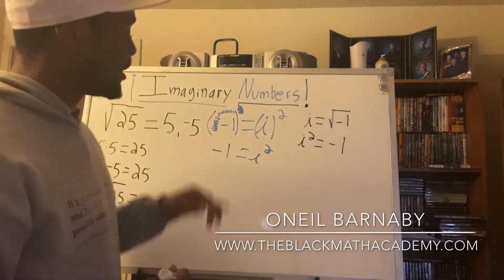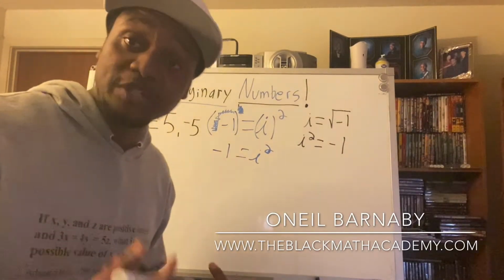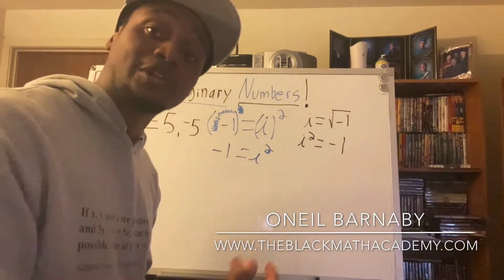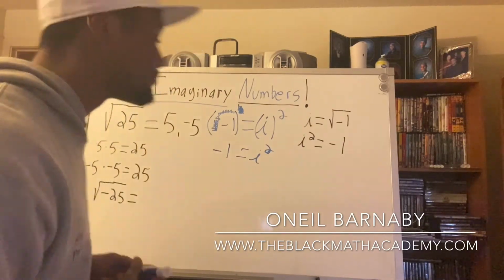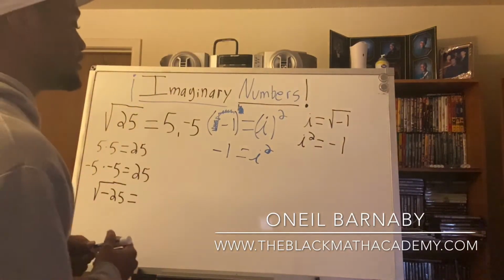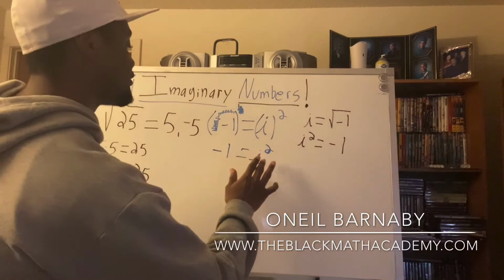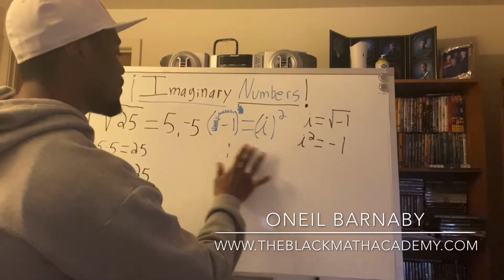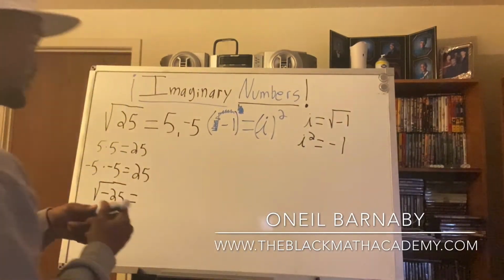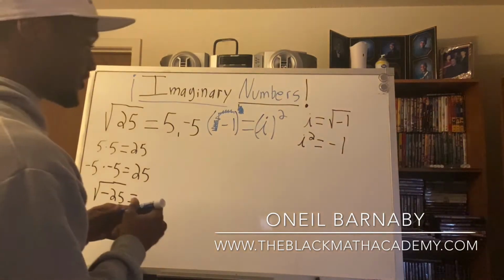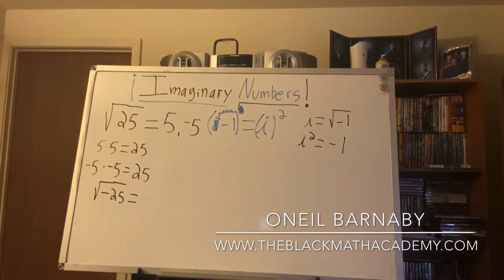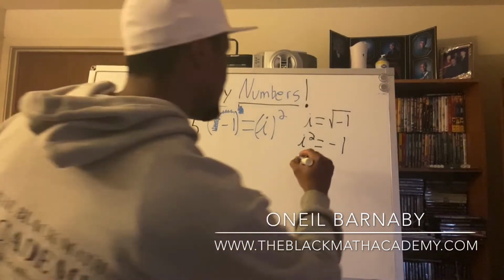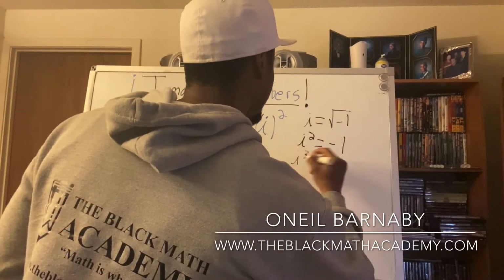And based on this information, I can actually keep going. There are more things to learn about imaginary numbers. So let me erase this real quick. And let's say that you wanted to find out the value of i cubed.